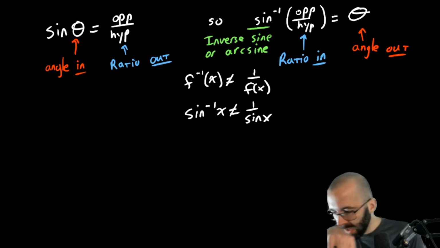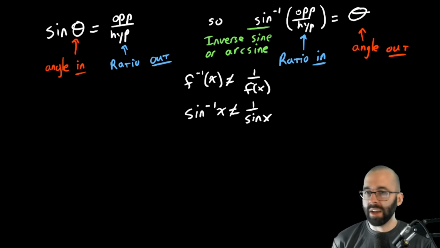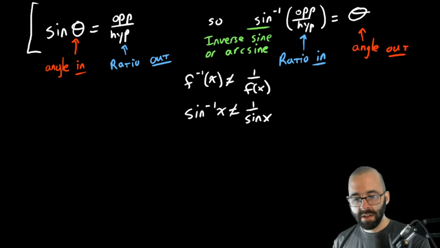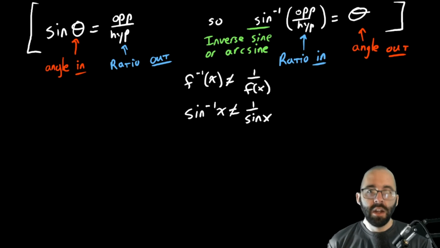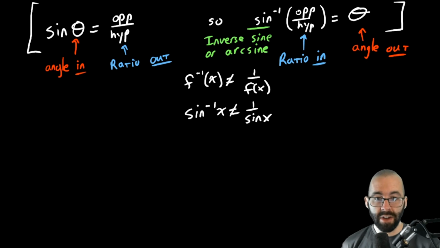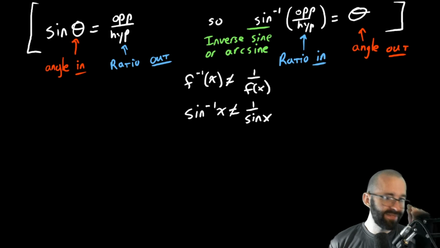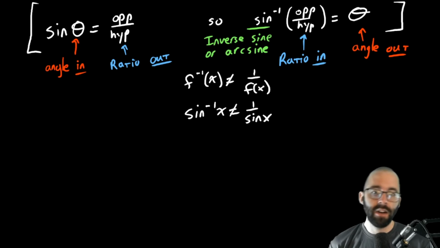This is the fundamental thing about our inverse trig functions. We could extend this to every single trig function, even the reciprocal functions, but we don't really ever do that. We're mostly just going to be talking about arc cosine, arc sine, arc tangent, or inverse cosine, inverse sine, inverse tangent.